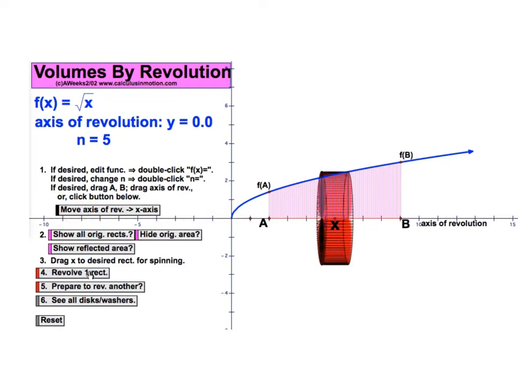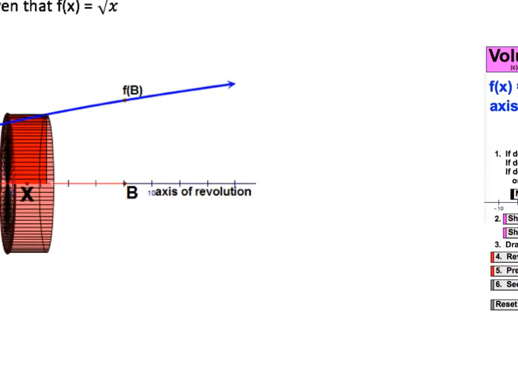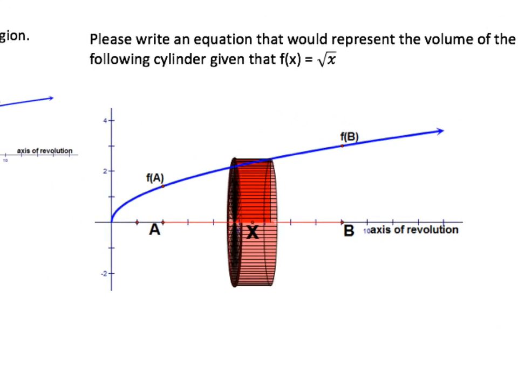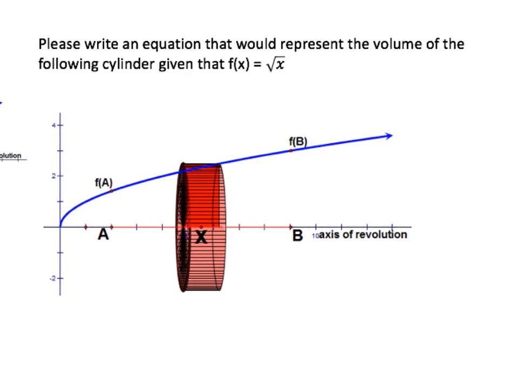So what I want to do is come over here, and I want to write a formula that would represent the volume of this cylinder, okay? The radius of this cylinder is equal to the square root of x, okay?